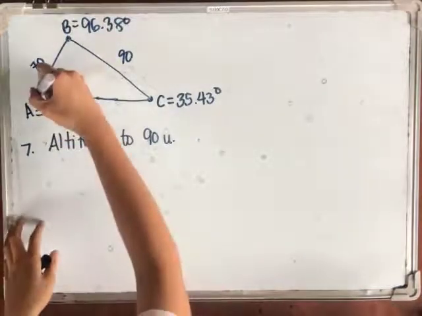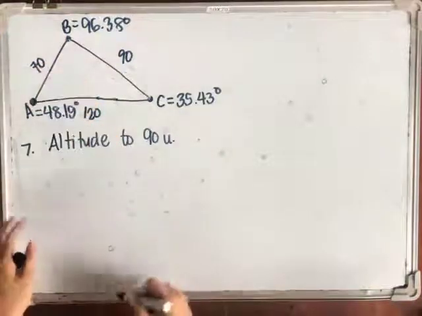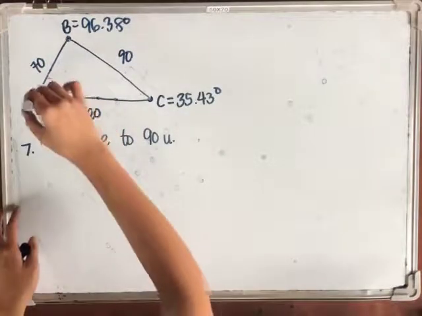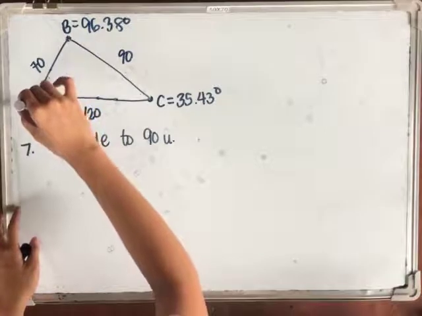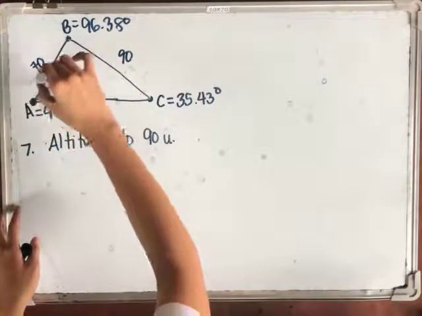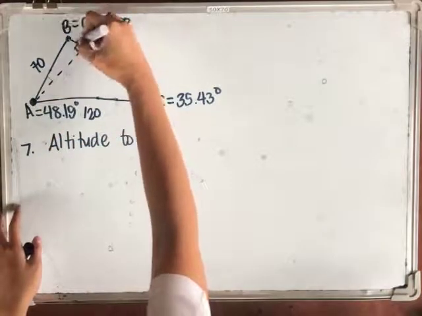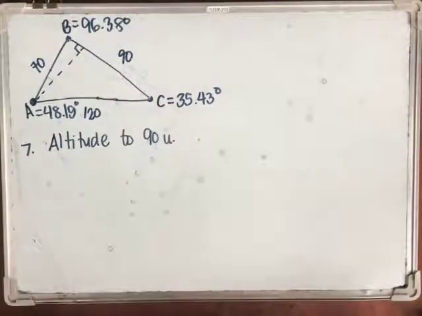If this is 90 units, the altitude is, from here, you just drop a line perpendicular to that side. So, let's just say this is it. So, this should be perpendicular to that side.